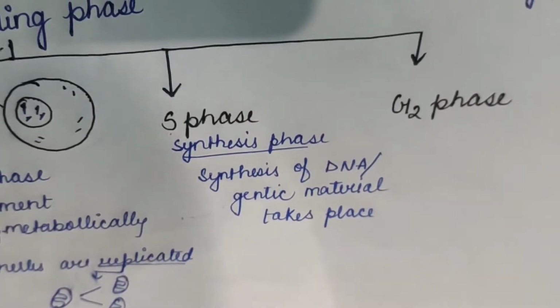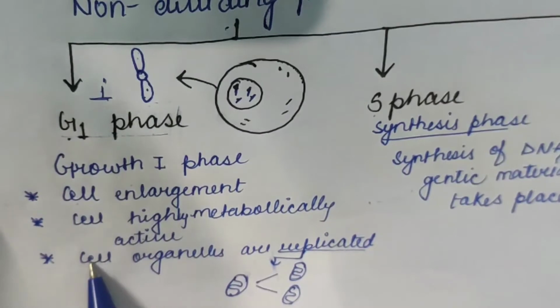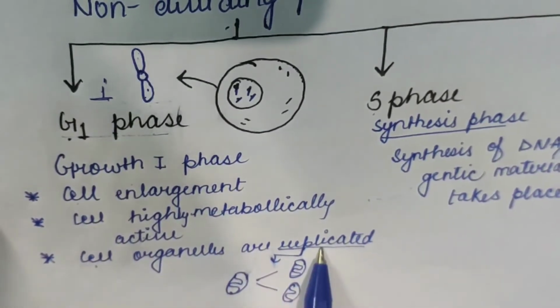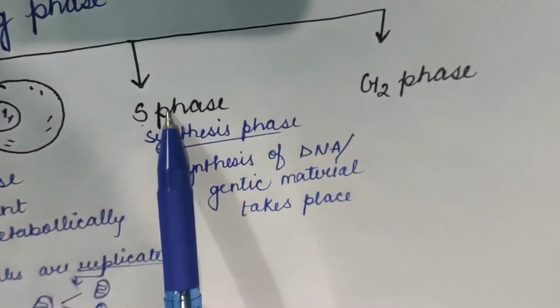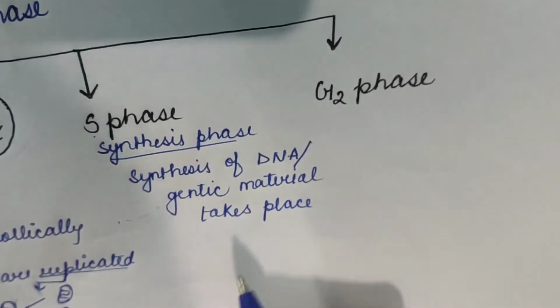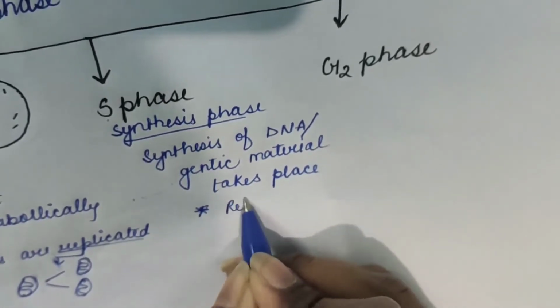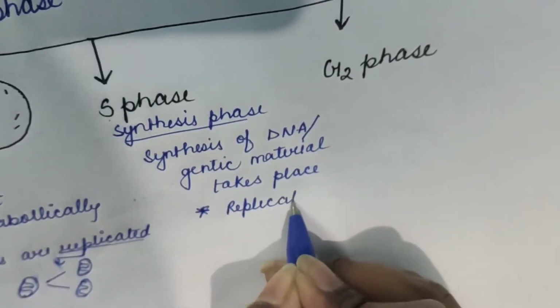What does it mean? During the G1 phase, all the cell organelles are replicated, whereas during the S phase, genetic material or DNA is replicated. So, this is actually the replication of DNA.